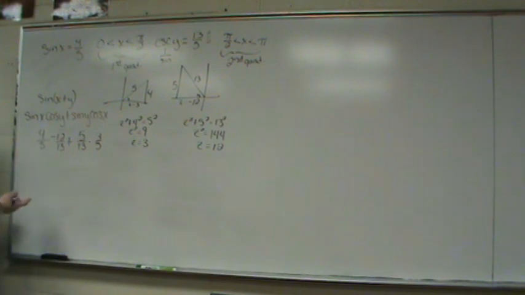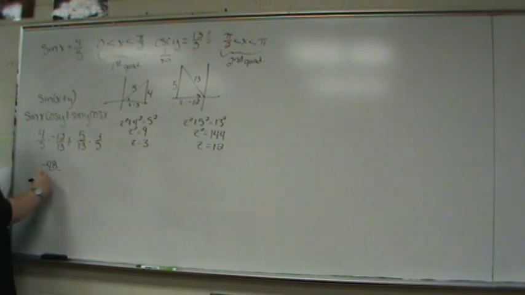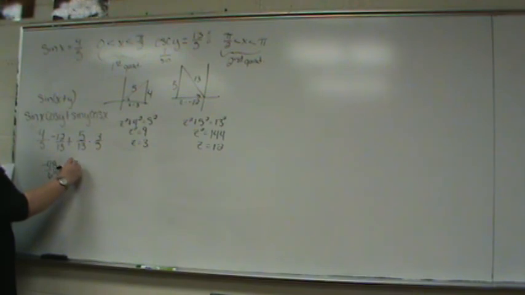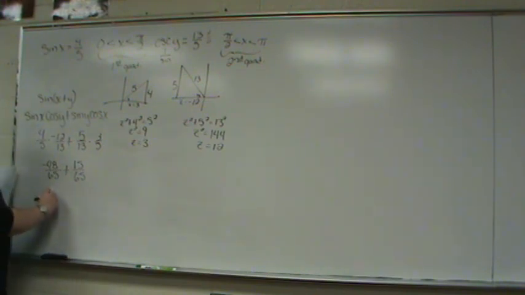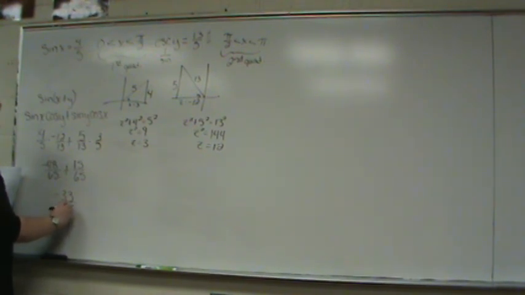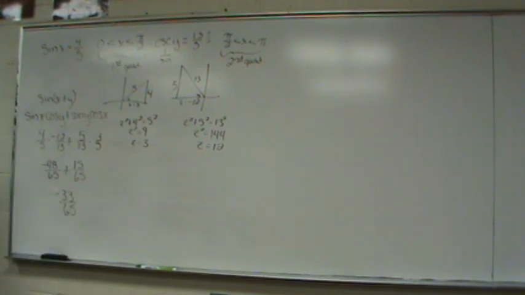So then, just like before, we're going to multiply across, so we're going to have negative 48 over 65 plus 15 over 65. So then we can just combine those. We end up with negative 33 over 65. So that's our exact value for the sine of x plus y.